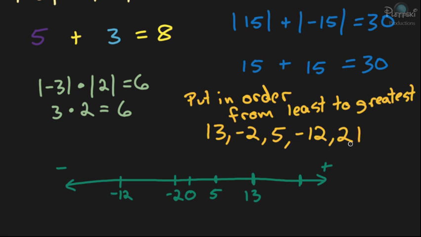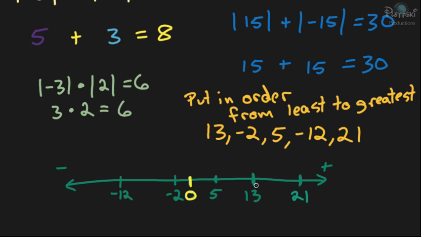And then the last one would be 21. Well, if this is 0, and I'm going to make the 0 a different color since it's not actually one of the numbers we're comparing. But there's the 0. To get to 21, well, you start at 0 and you count 1, 2, 3, 4, then you get to 5, you keep going, get to 13, then you keep going and you get to 21.